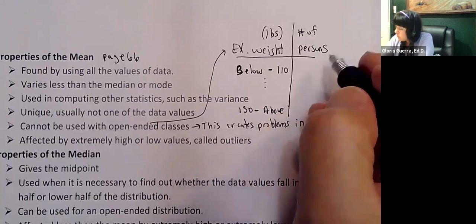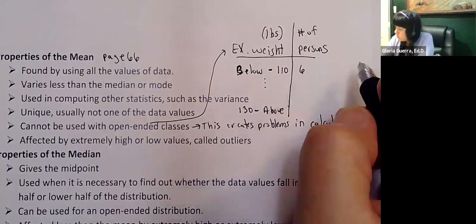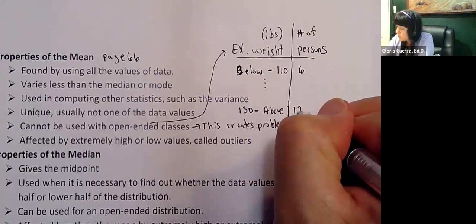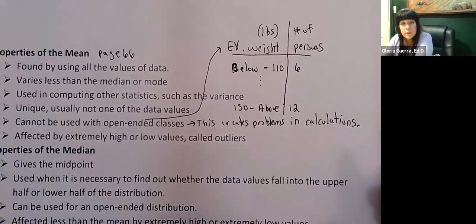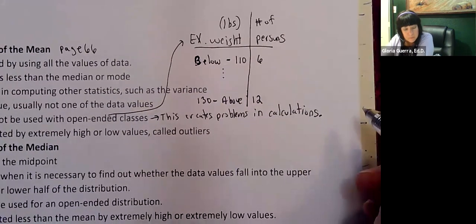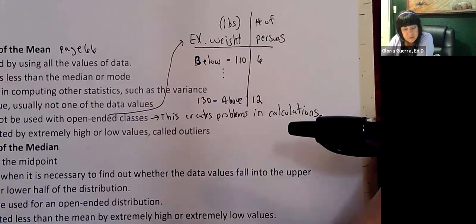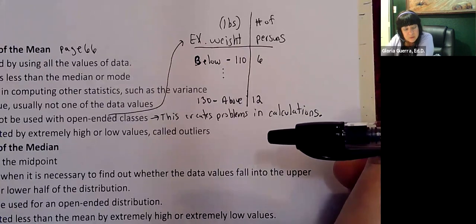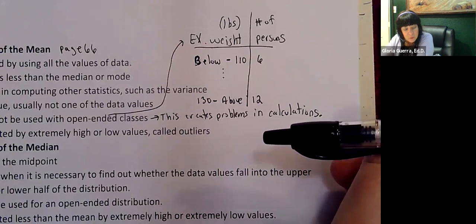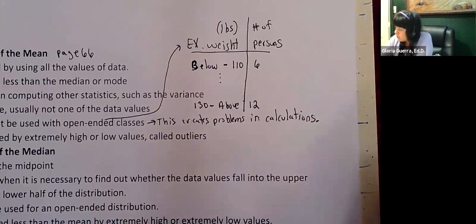Let's say I have a 6 here and a 12 here. And we say that this creates problems in calculations because either no lower class limit or no upper class limit exists.